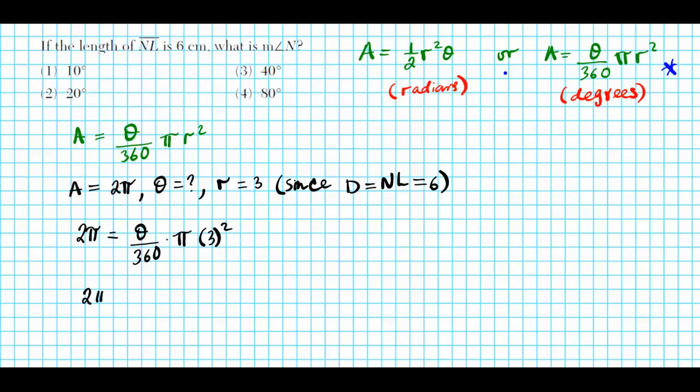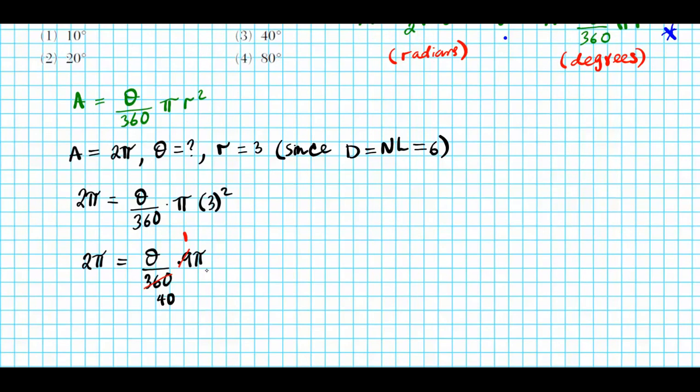We have 2 pi equals theta over 360 times 3 times 3, which is 9, times pi. 9 goes into itself once and goes into 360 40 times. So now we have 2 pi equals theta over 40 times pi.